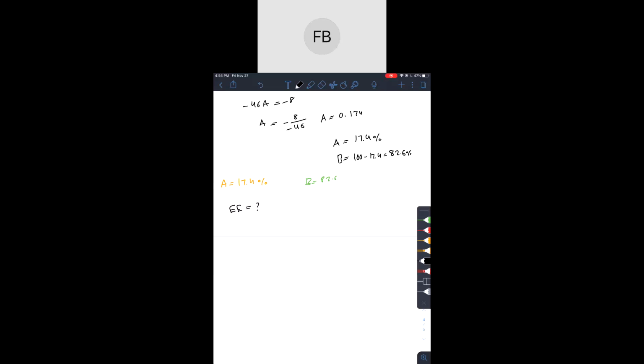You're just going to subtract. I think you just subtract the smaller number from the larger number, right? Or the other way around. Wait, so just A minus B. A minus B. Well, it would probably be B minus A. So you take 82.6 minus 17.4, and that should give you... I don't have a calculator on me.